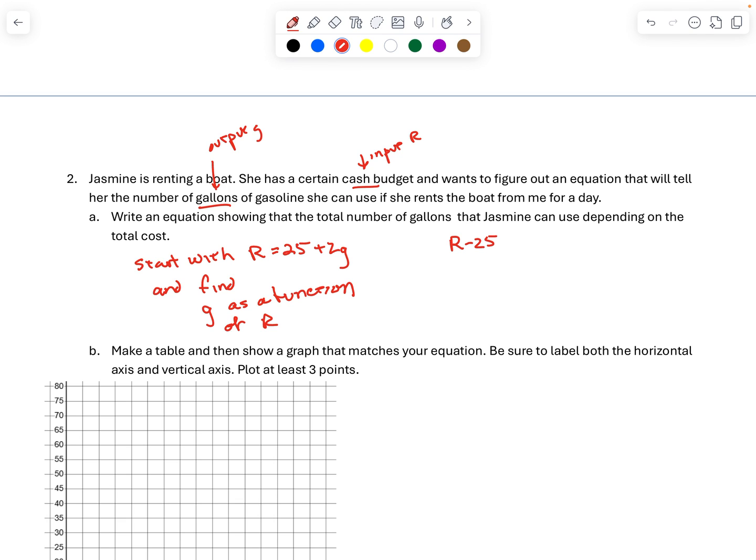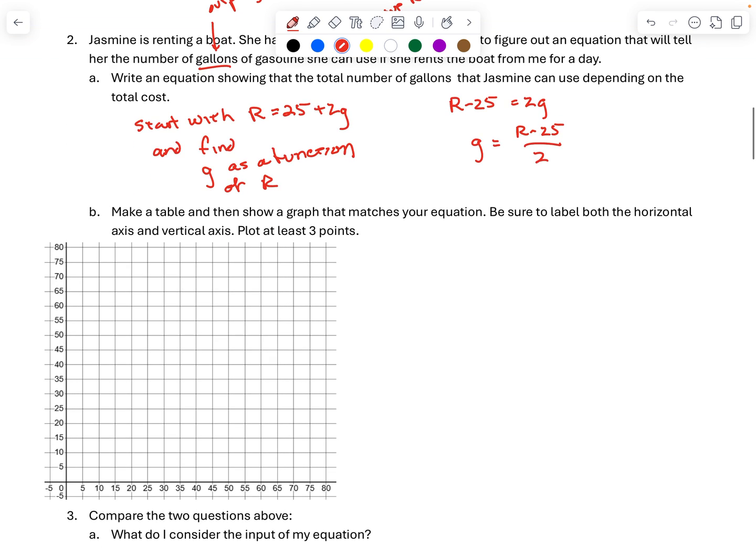Okay, so R minus 25. Notice R minus 25 is the amount of money she has for the gas. Then if she divides by 2, she can figure out the number of gallons. And note for this, on my table, R has to be at least 25, otherwise you're doing negative gas.